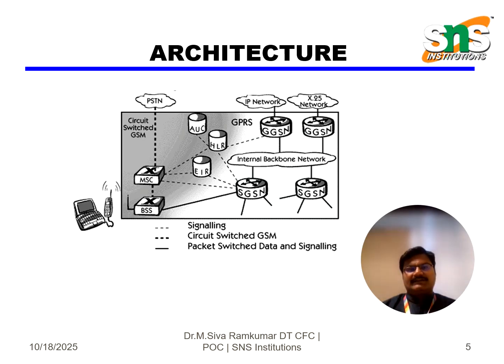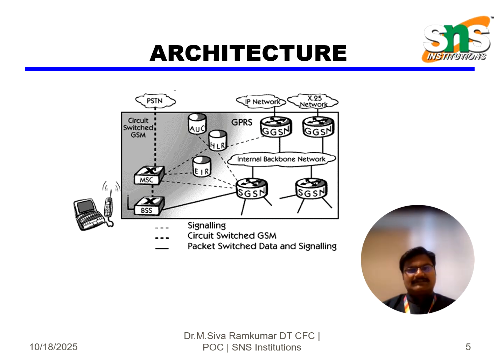Let's explore the architecture of GPRS, the system that made mobile internet possible. In this setup, the base station subsystem (BSS) handles the mobile communication with the user. Voice calls follow the circuit-switched GSM path through the mobile switching center MSC to the PSTN, while the data takes a different route through the GPRS network.